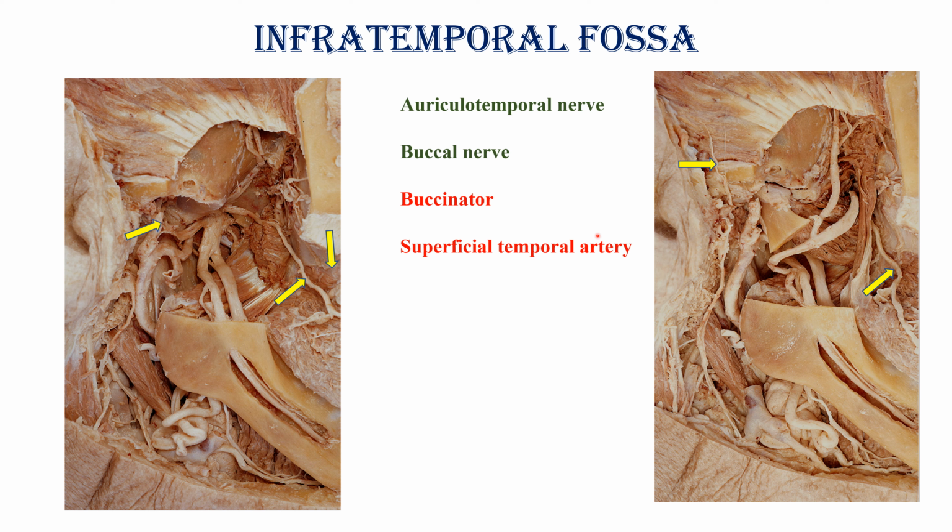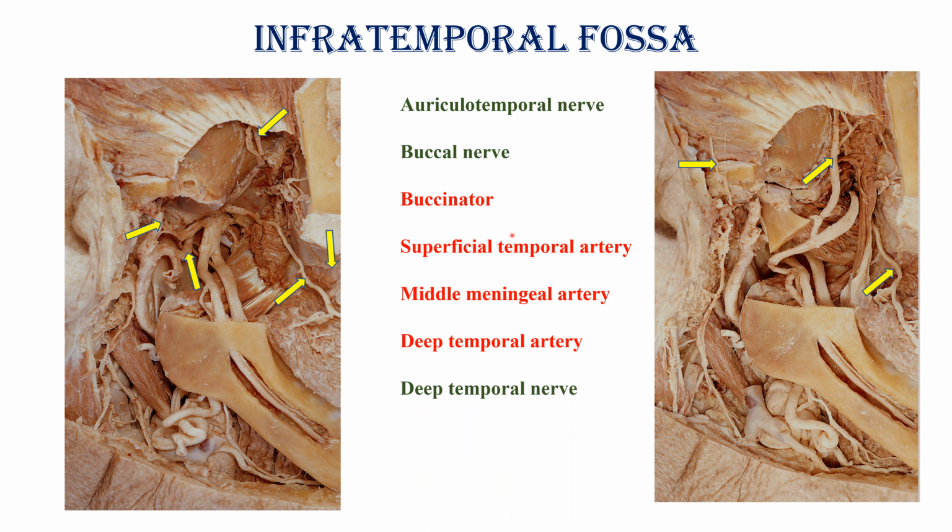The superficial temporal artery, one of the two terminal branches of the external carotid, can be seen here. The middle meningeal artery, a branch of the maxillary artery as it goes to the foramen spinosum. This is the middle meningeal artery. The deep temporal artery, this one here, and this large branch over here.